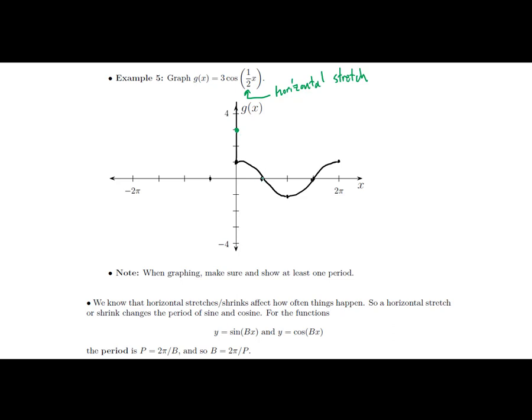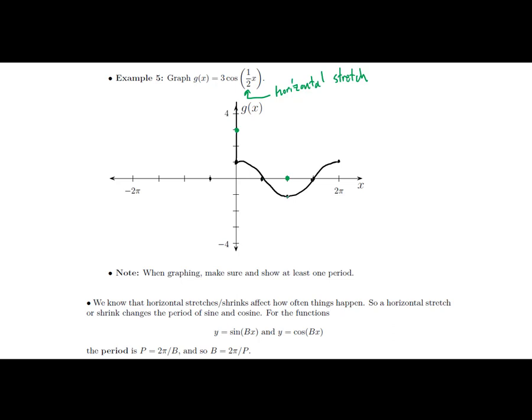However, now when I get back to 0 here, that was happening at pi over 2, right? That was pi over 2. So now it's happening half as fast as it would have. So now I go over and I put it right here at pi. All right, and then this point was happening at pi.